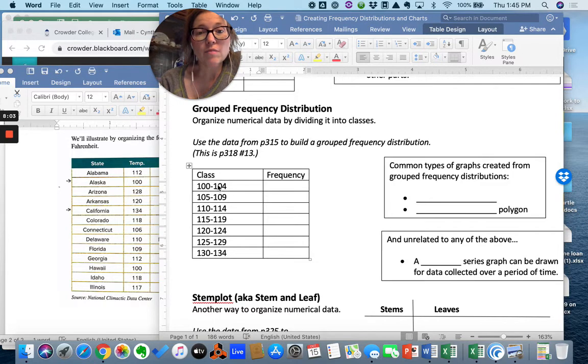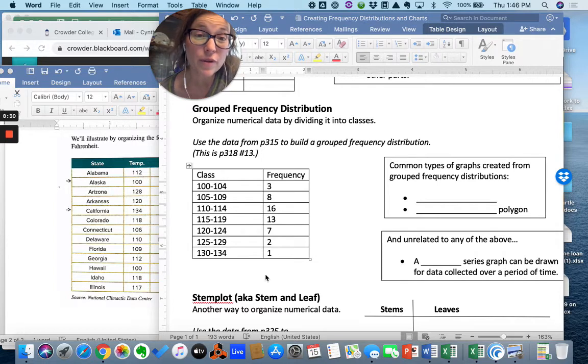Or if my smallest number was 103, I'd probably still have a class that started at 100 and went to 104, because 100 is a pretty number to start on as opposed to starting at 103 and counting by fives. It's okay if your classes kind of overlap, as long as they swallow up all your data. That's good.